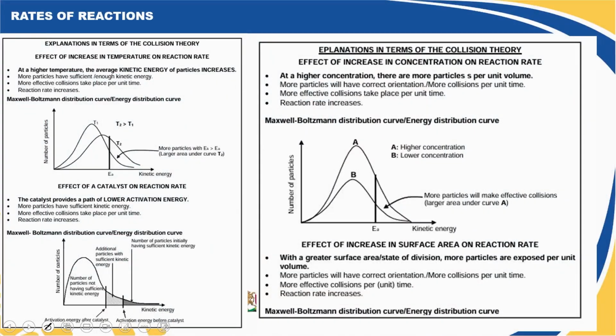Now, we make use of collision theory when we talk about these factors that affect the rate of reaction. Factor number one that we look at in terms of Maxwell-Boltzmann is the temperature. One, we know that when temperature is increased, the average kinetic energy of particles increases.